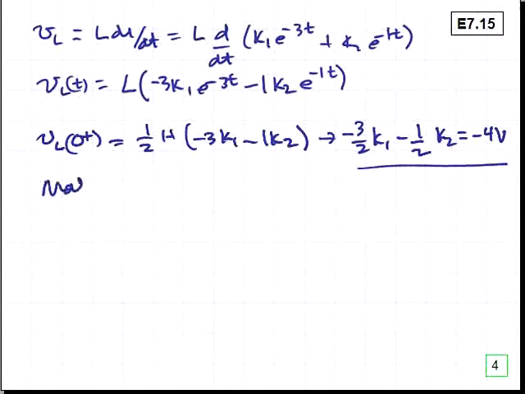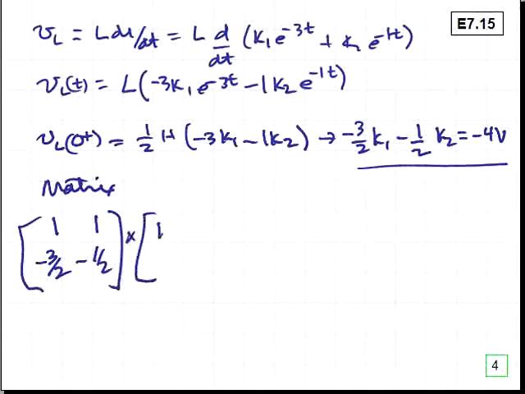So we can put these two equations into a matrix form. We have 1 and minus 3/2, 1 minus 1/2 times the K1, K2 matrix is equal to 2 and minus 4.